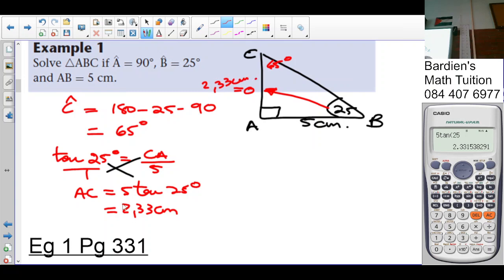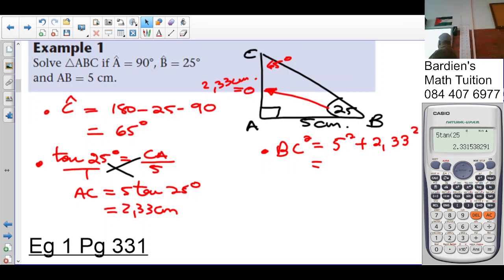So how can you calculate CB? Pythagoras, or I could have used sine or cos. Not so? Let's use the Pythagorean theorem. BC squared is equal to 5 squared plus 2,33 squared. That gives us the answer.